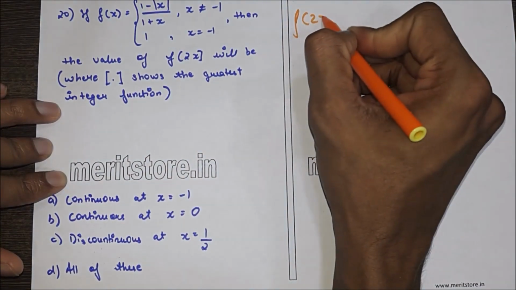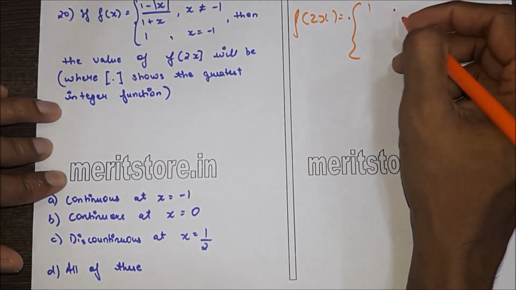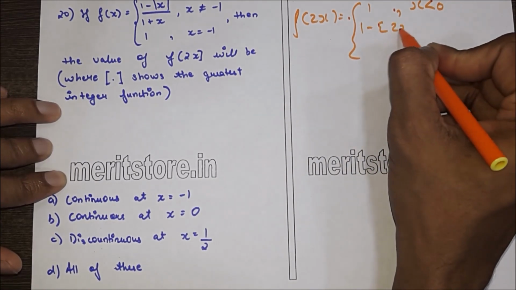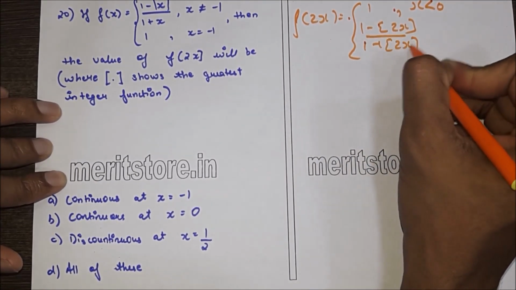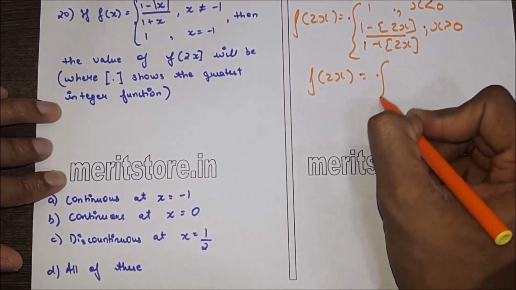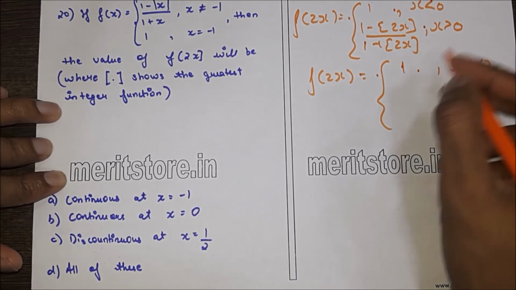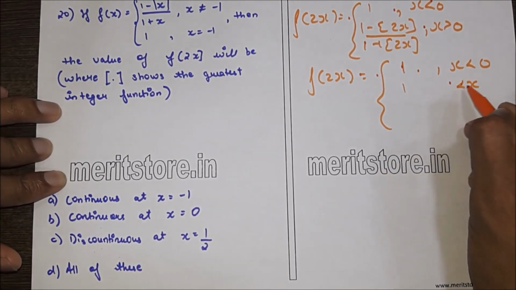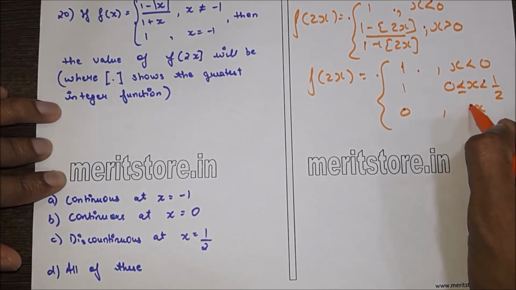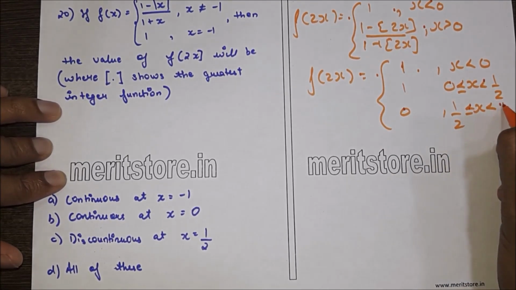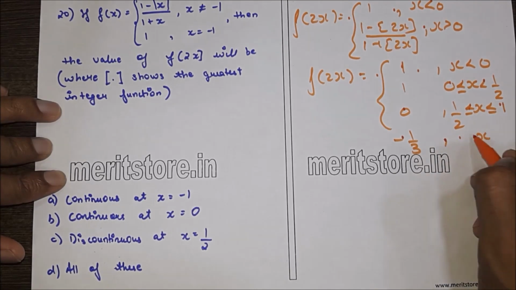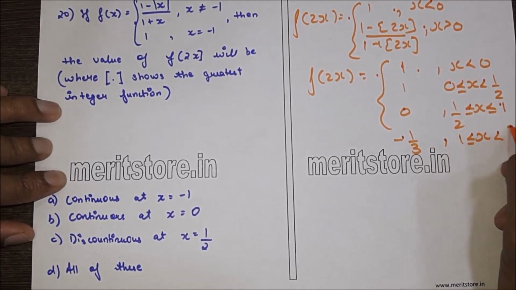For f of 2x, we can write this as 1 for x less than 0, (1 minus 2x) and (1 plus 2x) for x greater than 0, where f of 2x will be 1 for x less than 0, 1 for x greater than or equal to 0 and less than half, or 0 where x is greater than or equal to half and less than or equal to 1, and for minus 1 by 3 we can write x greater than or equal to 1 and less than 3 by 2.